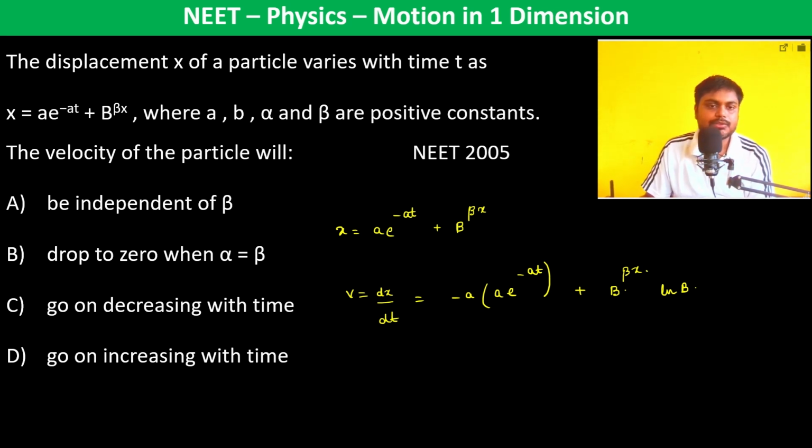The velocity of the particle will be, and all these are positive constants.